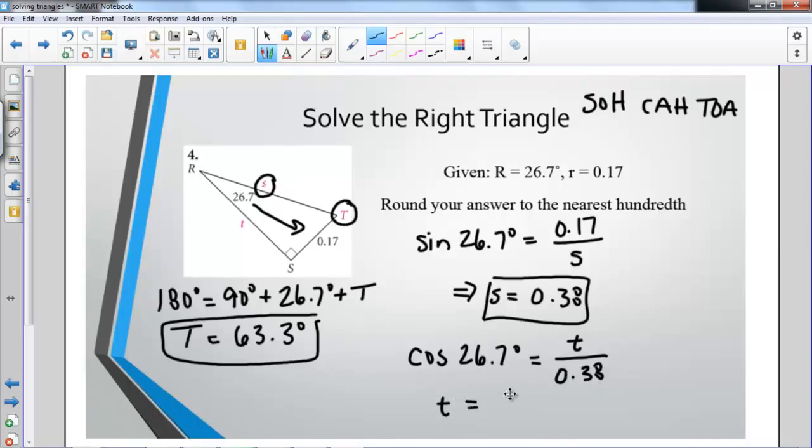Solving for t, I get 0.34. Note that I also could have chosen to use tangent here, since I already have my side opposite and I'm looking for my side adjacent. So we could have chosen to use any one of those three methods. And that's really all there is to solving right triangles.